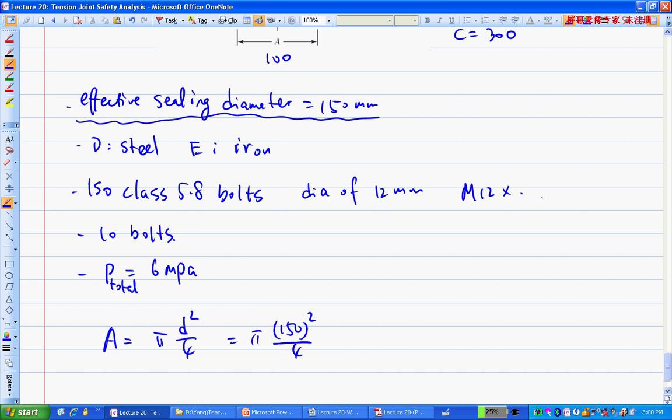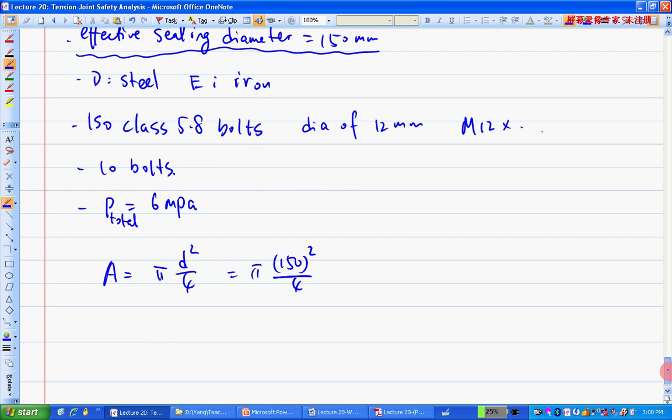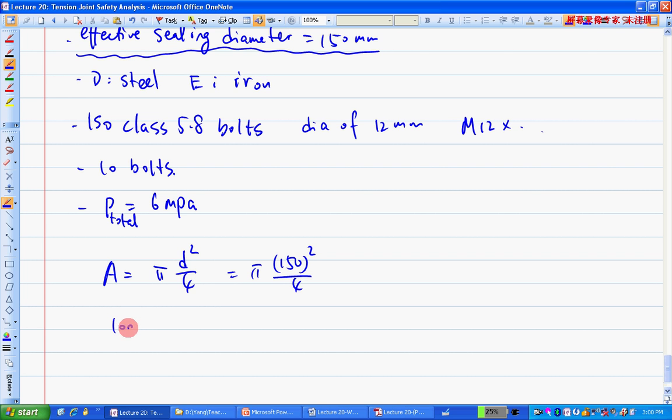And then we have the total inside pressure, 6 megapascal. So the load on the sealing is going to be 6 times the area.